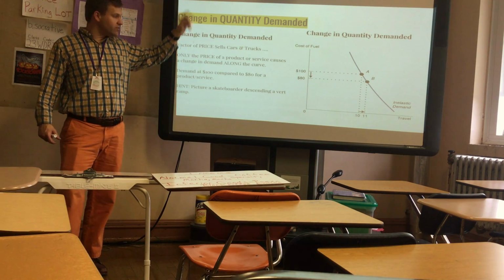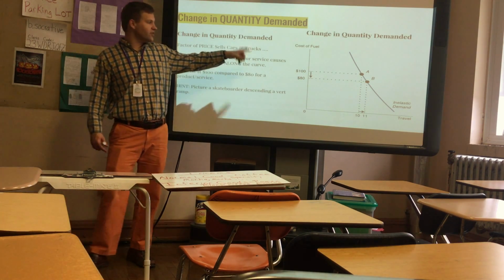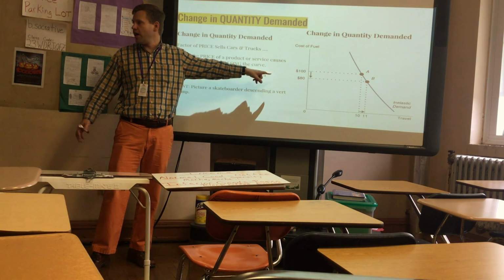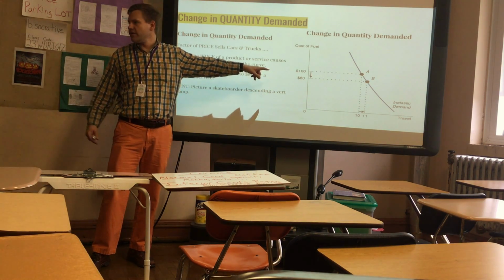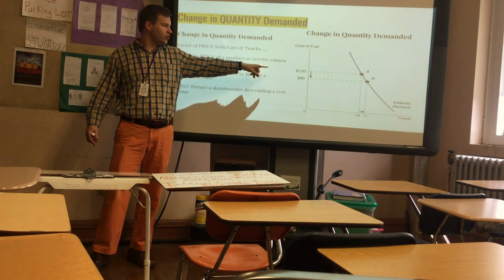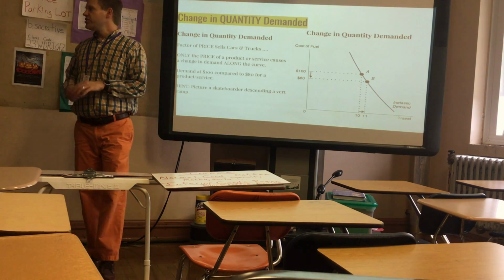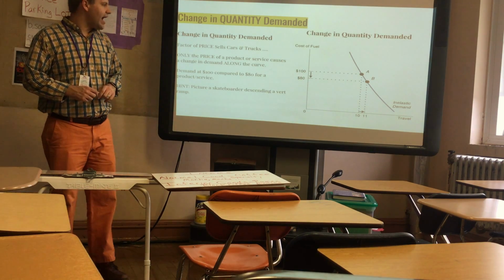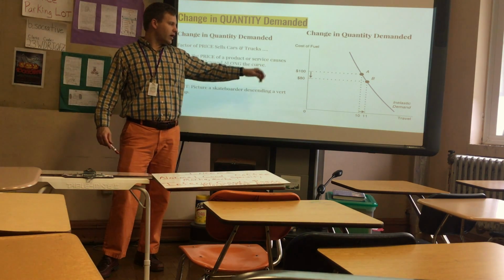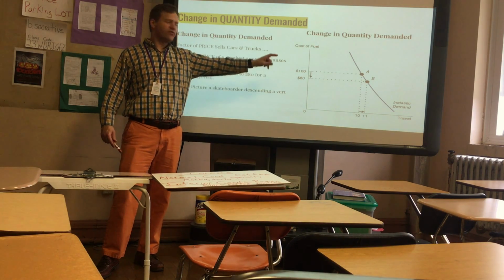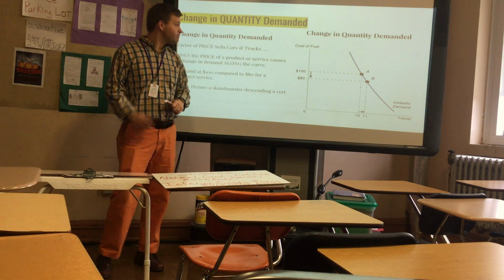As prices go down, the cost of fuel goes from $100 a barrel for a 40 to 50 gallon drum of crude oil to $80, buyers of oil will buy more. The units will go from 10 units to 11, going from point A to point B.